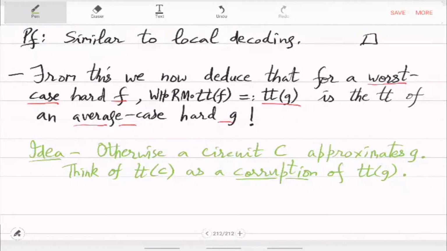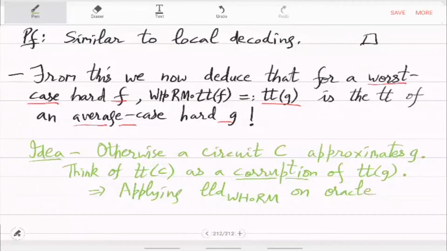So now apply the local list decoder of Walsh-Hadamard, Reed-Muller on this oracle, in fact, let me just say on oracle C, we compute f on x, for any x.